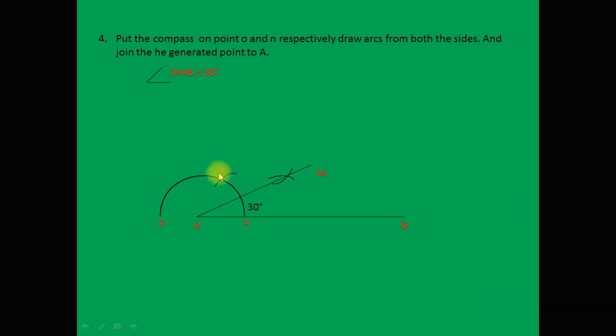So since this is the angle of 60-degree from O to N, first of all, put the compass at this point O and draw an arc here, and then put the compass at this point N and draw another arc. When these two arcs meet each other, then join this point to this point A, you will get an angle of 30-degree.